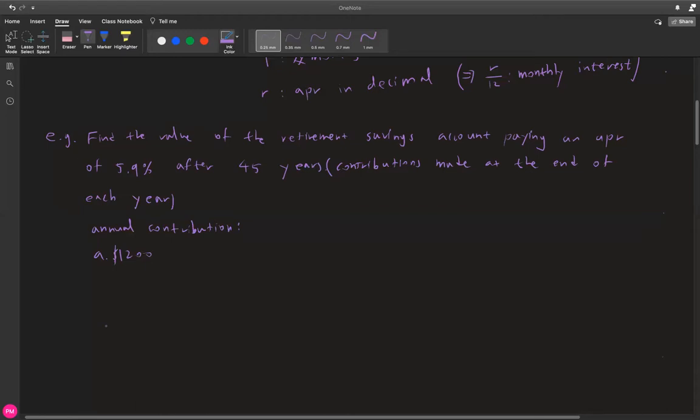So knowing that the annual contribution is $1,200, and we also know the length of the investment and the APR, we actually have all the information that we need to proceed to calculate this problem. So I'm going to rewrite the formula right here. V equals P multiplied by (1 plus R) to the power of Y minus 1, divided by R.